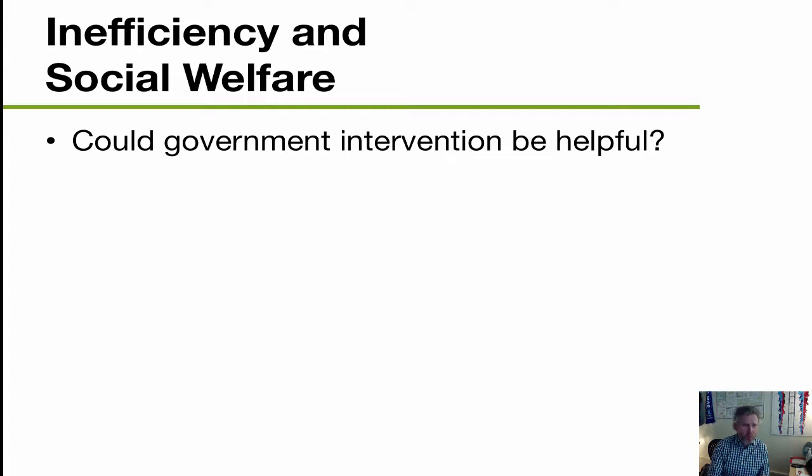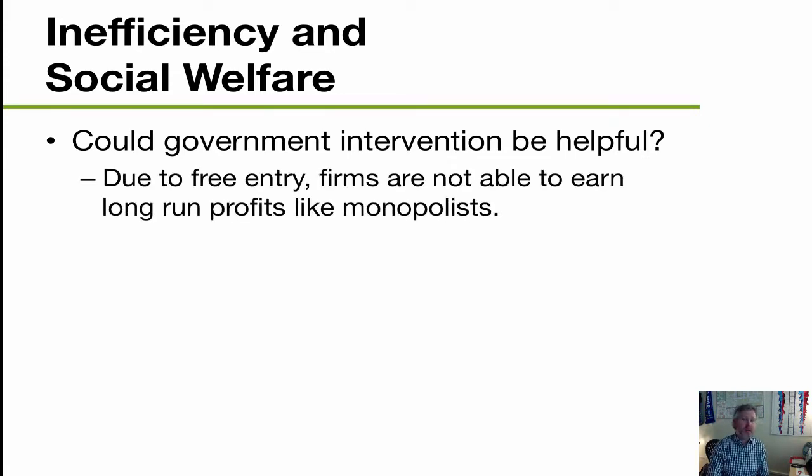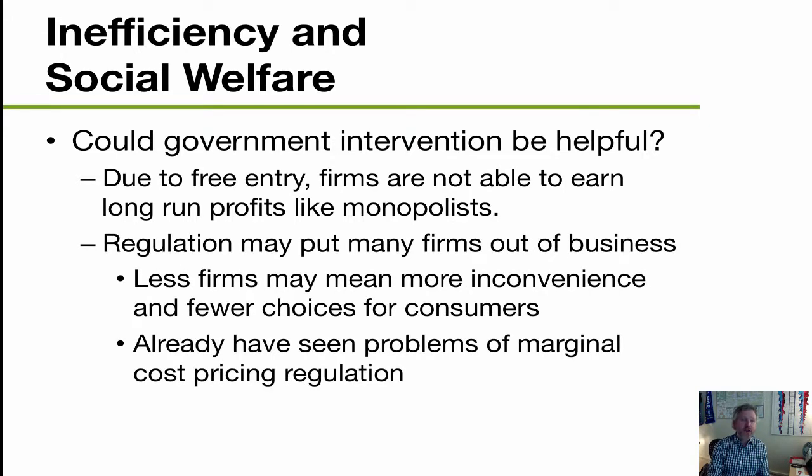So would government intervention be helpful here? Well, due to free entry, firms are not able to earn long-run profits like they are in the case of the monopolists. Regulation may put many firms out of business. Fewer firms may mean more inconvenience and fewer choices for consumers. And we've already seen the different problems of marginal cost pricing regulation.